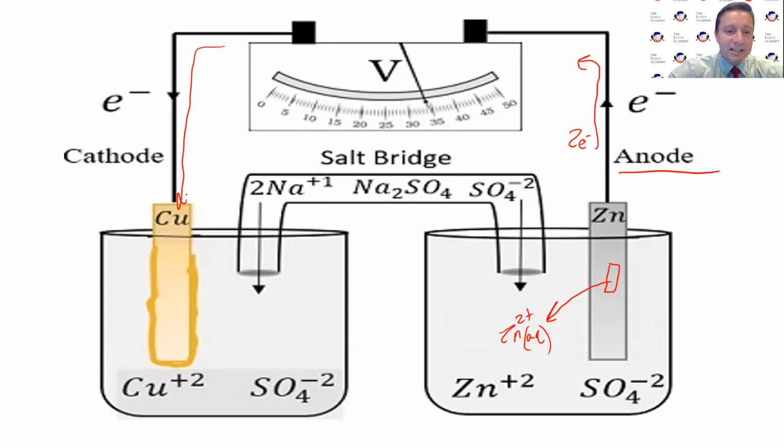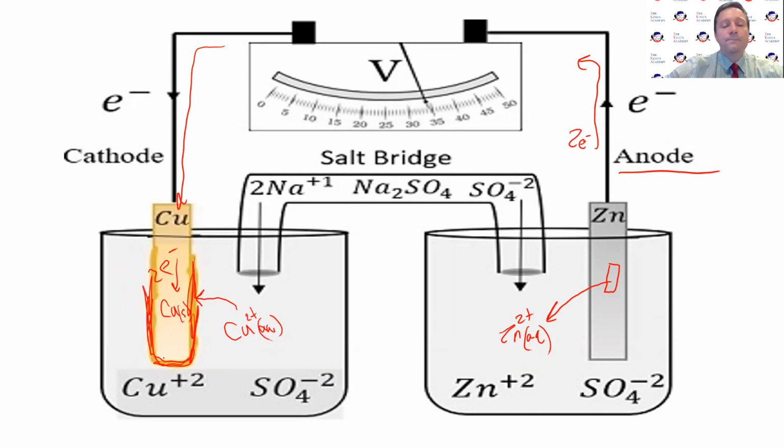In this container here, we have some solution that has copper 2 plus aqueous. These ions, these cations, are attracted to these two electrons that are flowing down in here. So they're going to come up and form solid copper and build onto this electrode all around it.